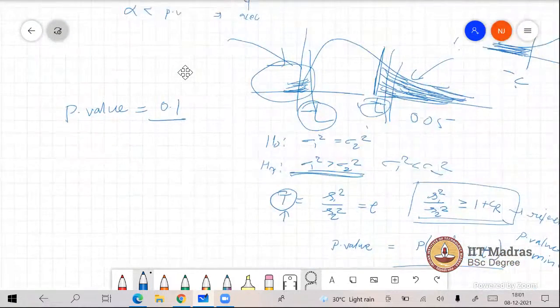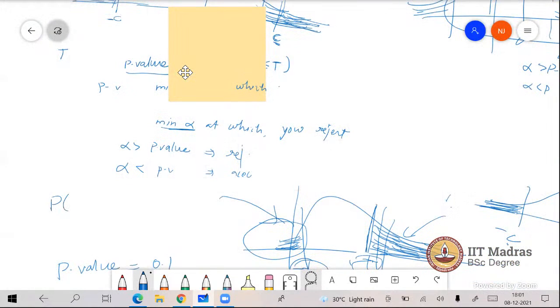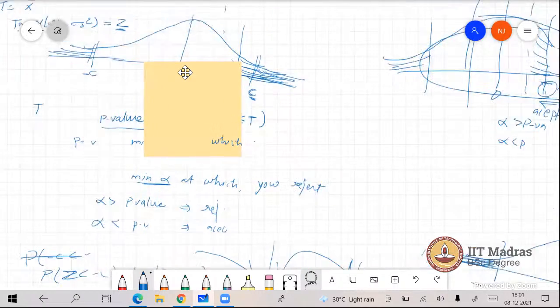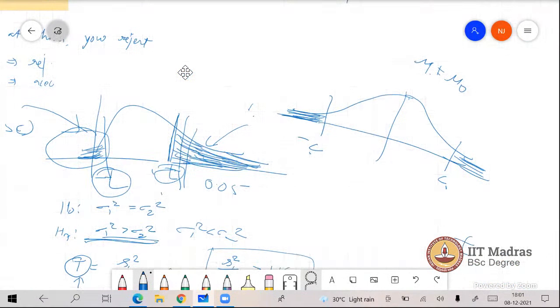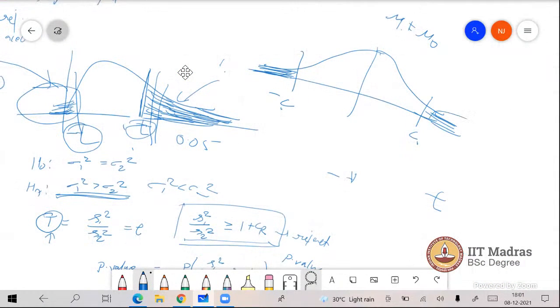In the case of mu, we generally do the p value as minus c to c, right? It means P of z less than minus c plus P of z greater than c, equally. But in the F test, it's not like if it is t, it is minus t. So you just find the one-sided area and just do twice.